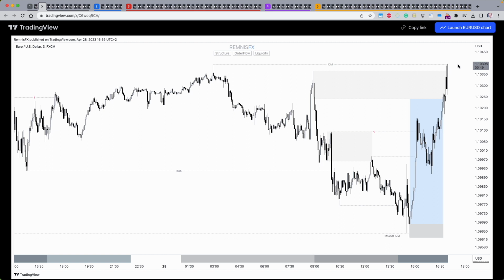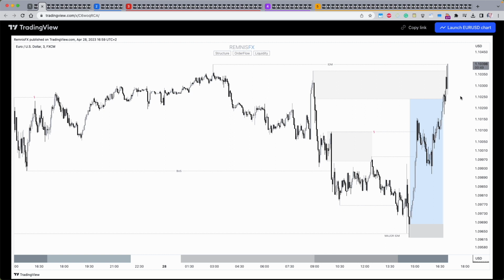So I was starting to pay attention to how price would react to this area and how it closes, because, excuse me, this gray candle was not closed yet.